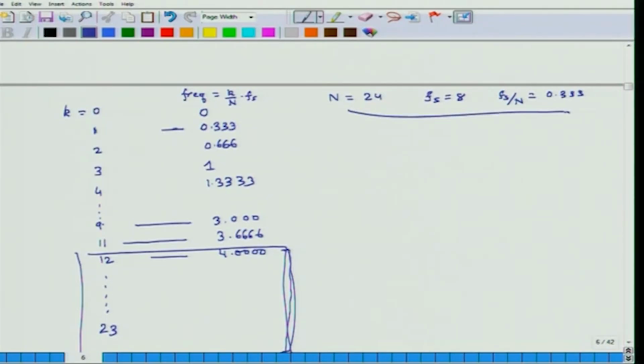So, I know using this how to calculate Xk. What we have figured out is how to calculate Xk. Now, this Xk can be complex, there is no reason it cannot be.